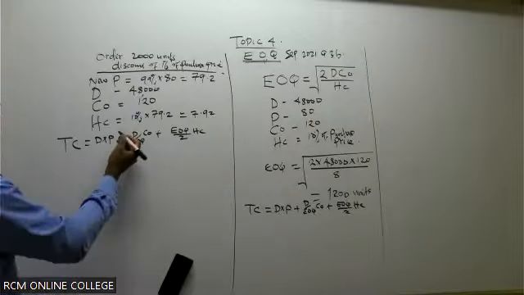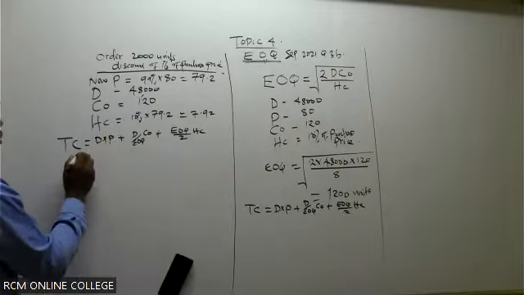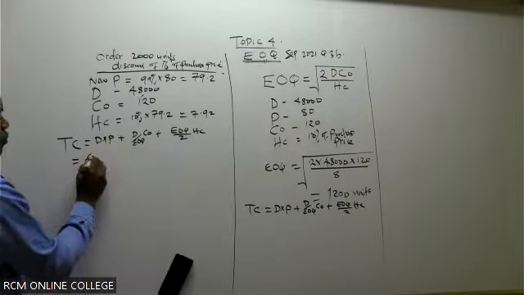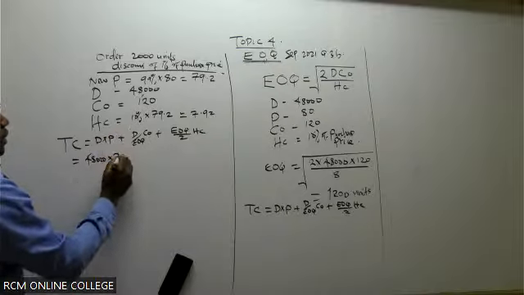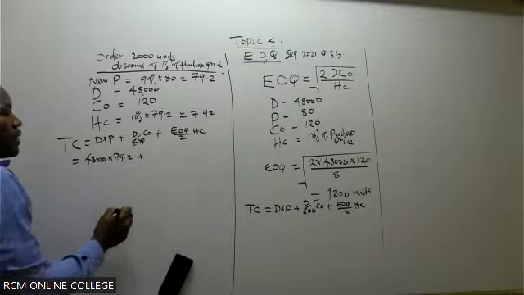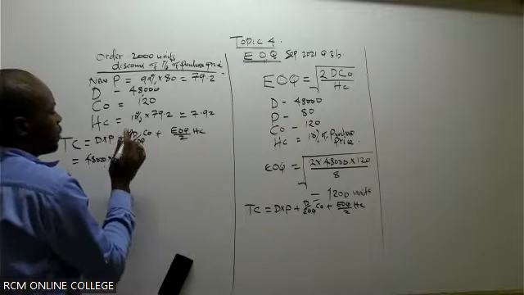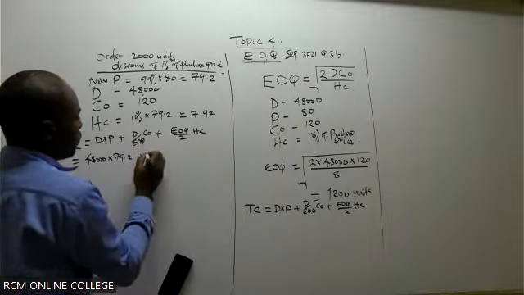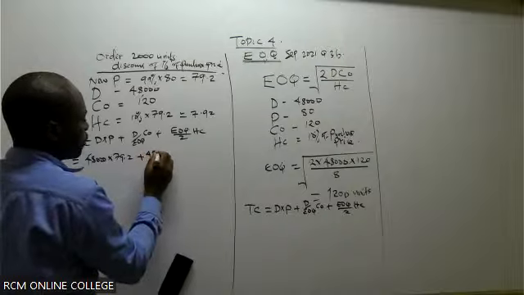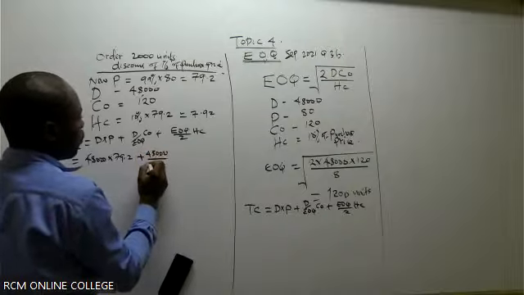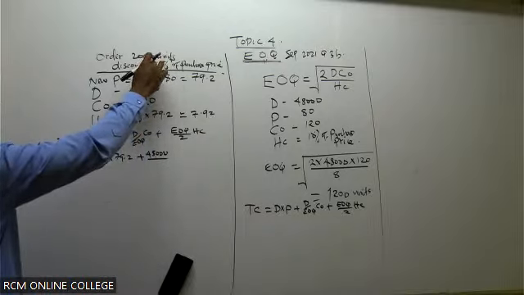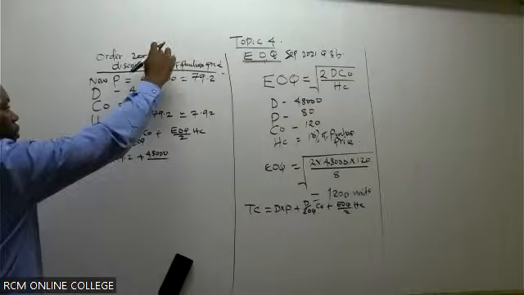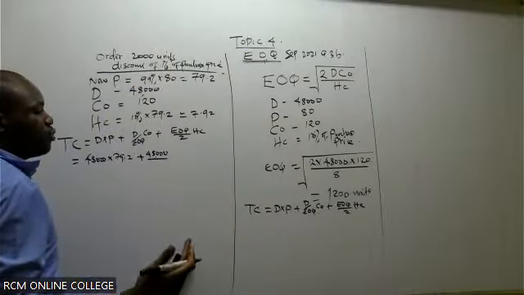So we now come here. Do we have demand? Yes, 48,000 times purchase price, which you've given me as 79.2, plus demand, which will still be 48,000, divided by the quantity, which is 2,000, the new quantity that has been proposed.